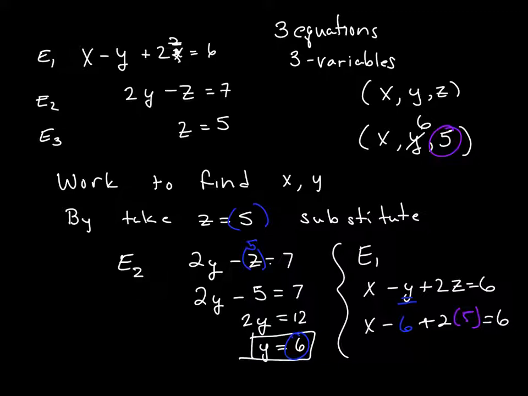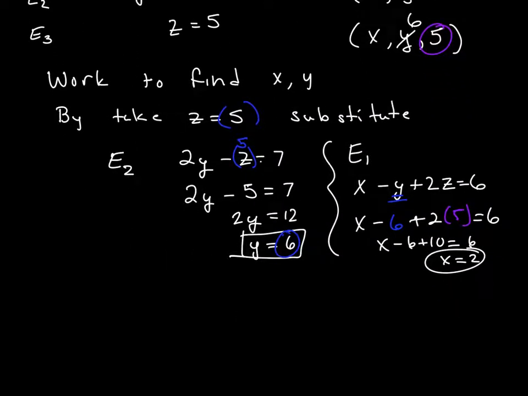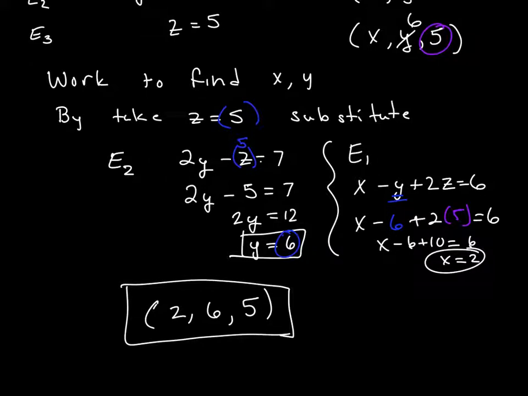And I go through and solve for x, and I get x minus 6 plus 10 is equal to 6. I solve that and I get x is equal to 2. Now, that's my final answer, so all I need to now do is write that as a point. My solution for this would be 2, 6, 5, and that would be my final answer for this portion.